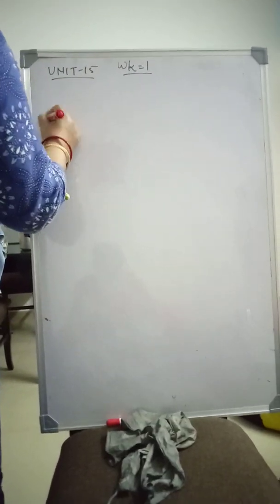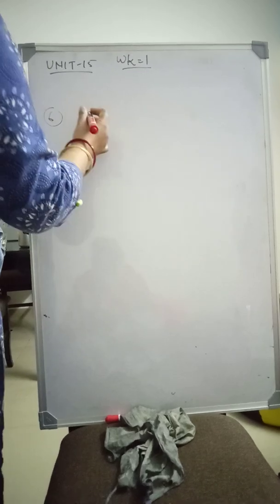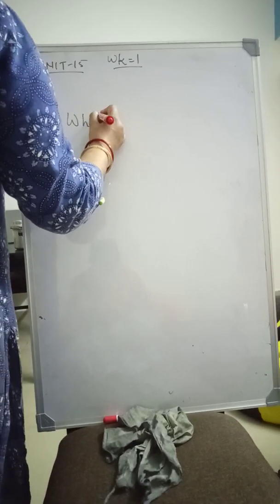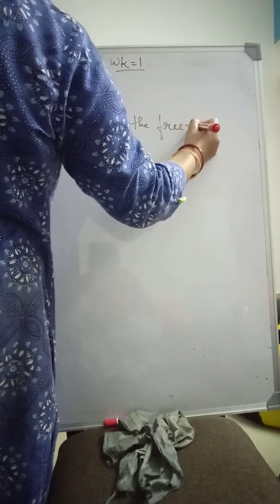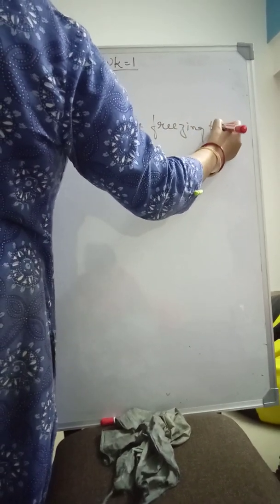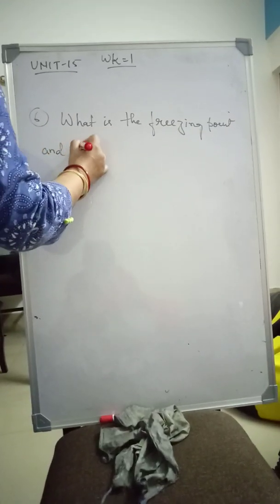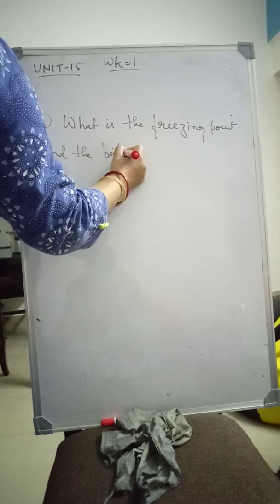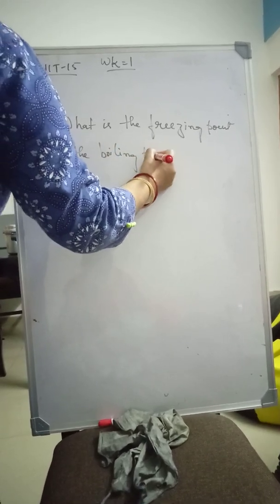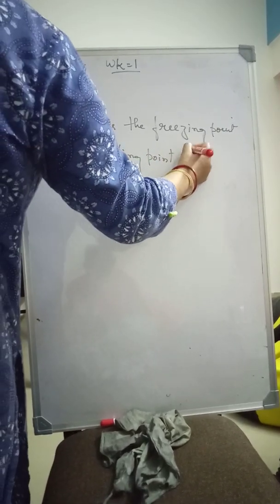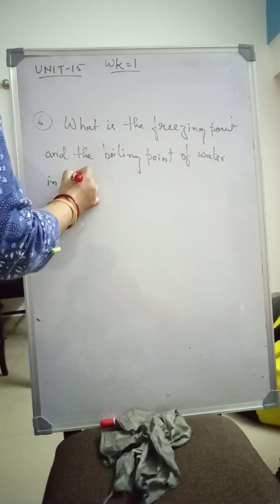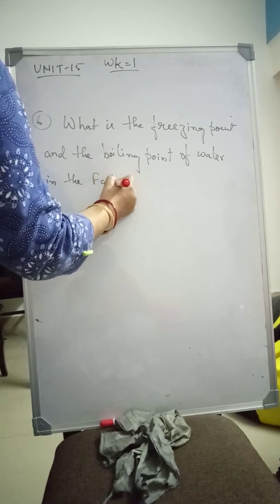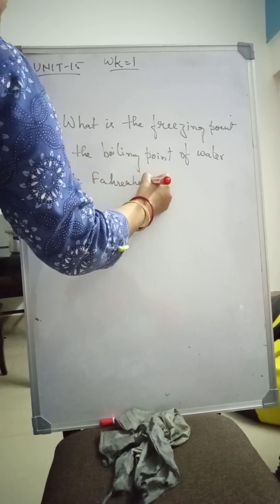Next question is 6. What is the freezing point and the boiling point of water in the Fahrenheit scale?